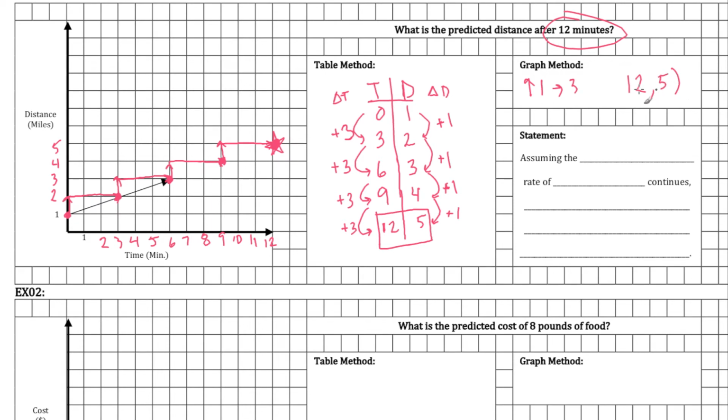So, assuming the constant rate of change continues, in the same way as showing it in the table and with directions, after 12 minutes the distance will be 5 miles.